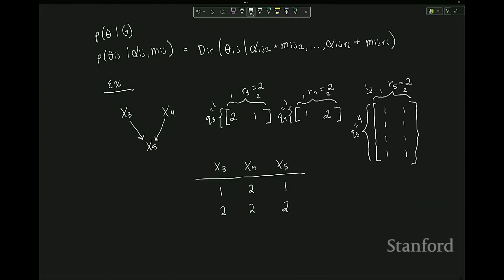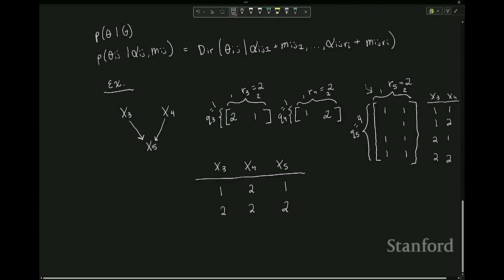And then again, you can choose to order the rows by parental instantiation, however makes sense to you, but I'll show you what I'm doing here. And so when we look at our table, we have parental instantiation 1, 2. So that's putting us in our second row and the first column. So we'll increment that count by 1.